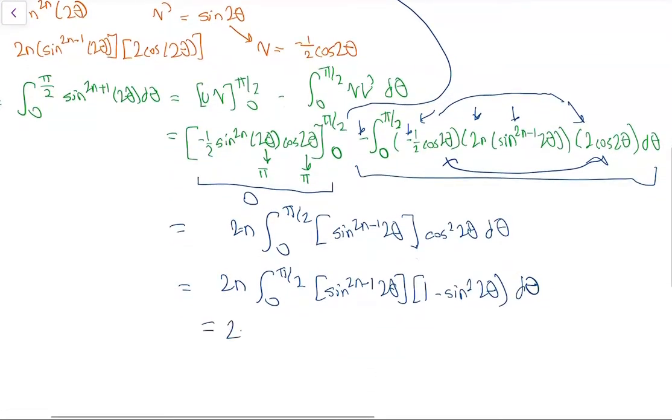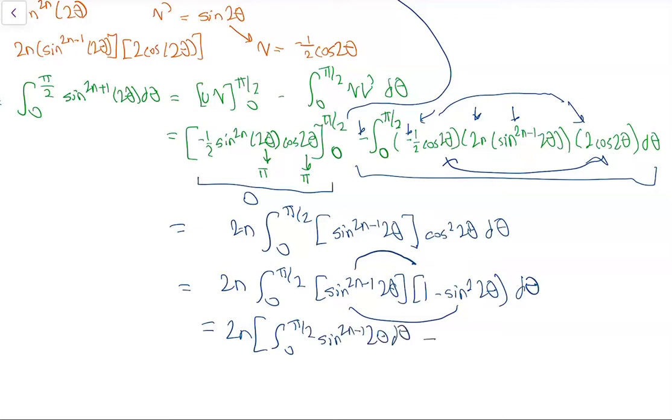And this we can actually split up into two integrals: the integral of sine 2n minus 1 of 2 theta d theta minus the integral of sine 2n plus 1 of 2 theta d theta.